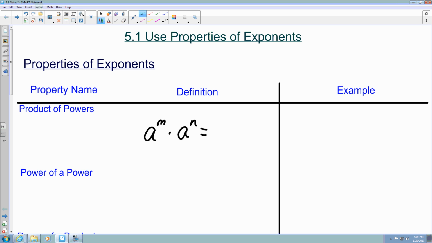This ends up equaling a to the m plus n. So for instance, if we had 4 squared times 4 cubed, we have the same base of 4. That means that we can add the exponents together, so that's 4 to the 5th, or that also equals 1024 if we take 4 times 4 times 4 times 4 times 4.